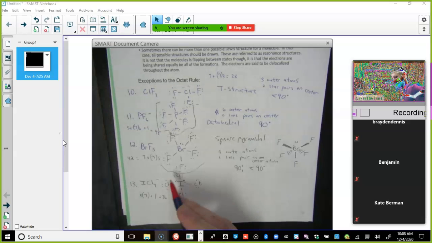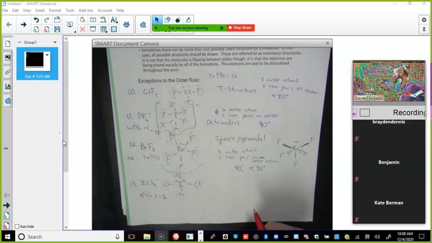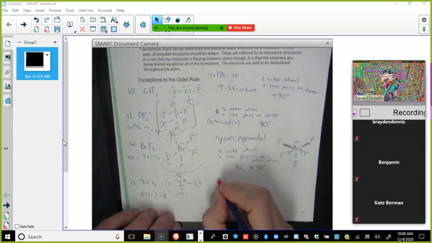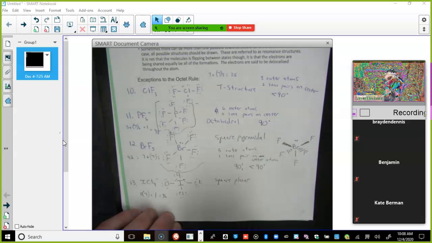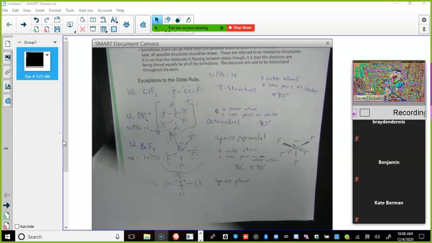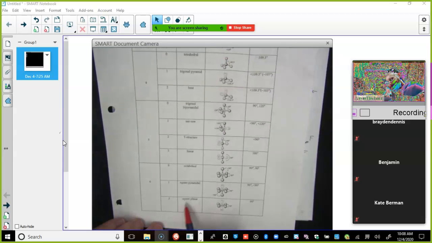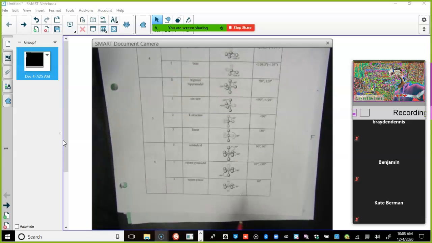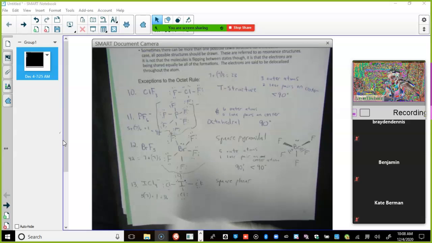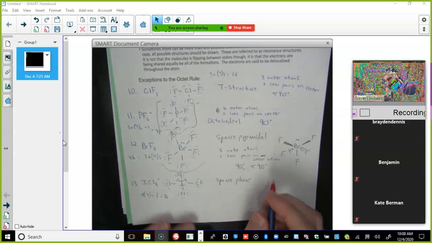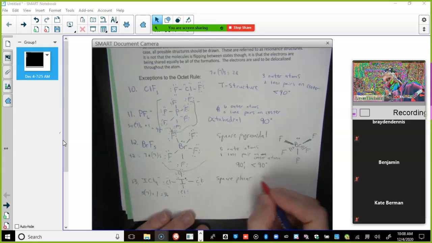Normally this would be tetrahedral if I got 4 outer atoms. Lone pairs make it square planar. Looking at the bonding of square planar, it's 90 all the way around. It's basically like square pyramid. It just doesn't have that extra terminal atom.